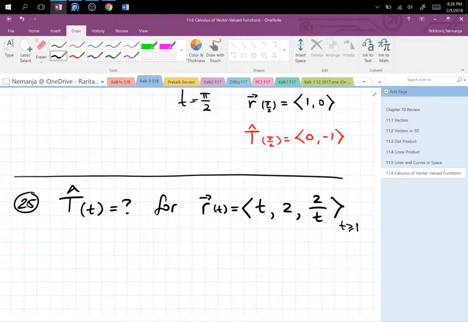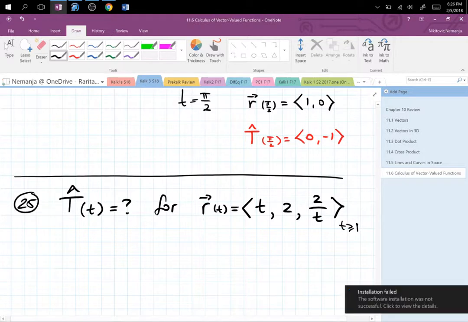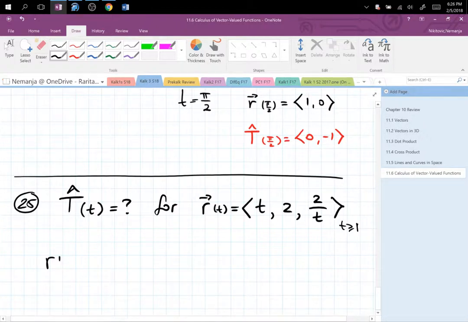Let's take a look at this. We have r prime of t: 1, 0, and negative 2 over t squared.